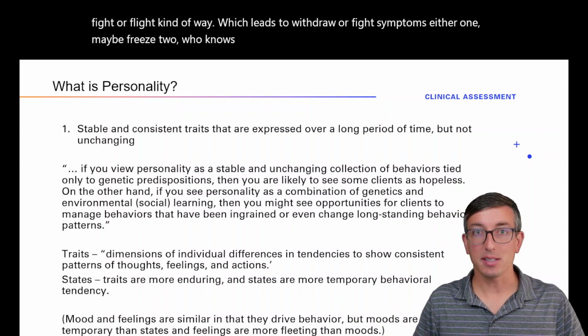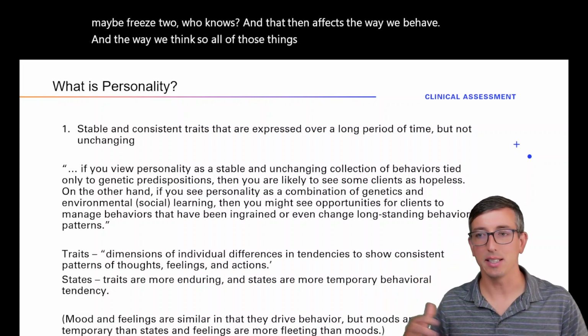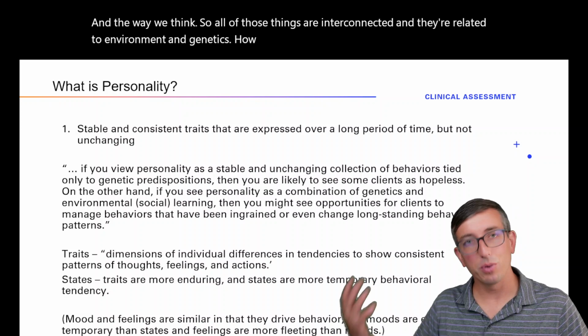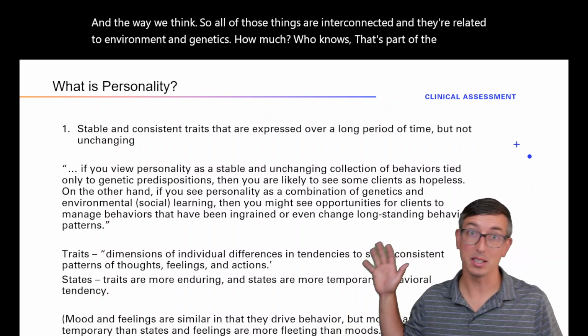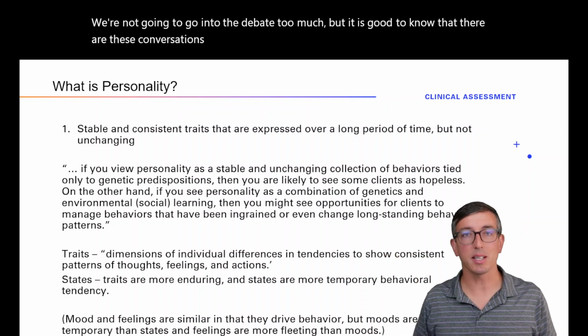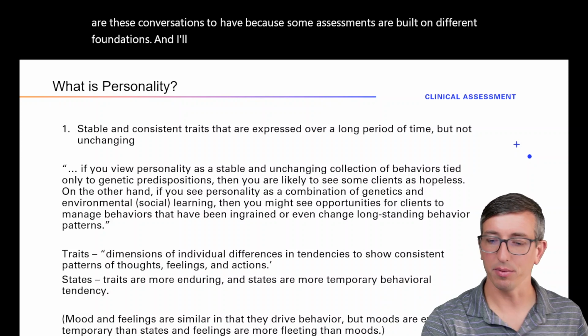And that then affects the way we behave and the way we think. So all of those things are interconnected, and they're related to environment and genetics. How much? Who knows? That's part of the debate. We're not going to go into the debate too much, but it is good to know that there are these conversations to have, because some assessments are built on different foundations, and I'll explain a little more about that too.